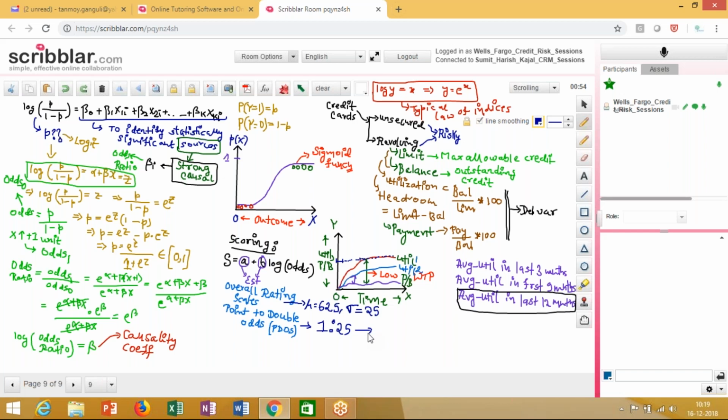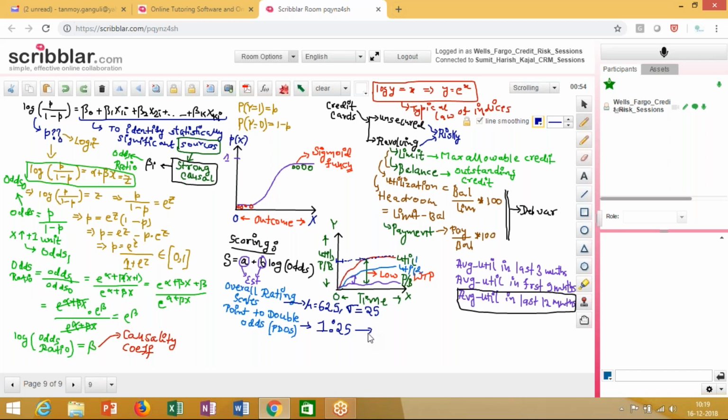Now let's say your odds are probability y equals 1 over probability y equals 0. When the odds of the borrower being a good borrower increase, the score also increases.